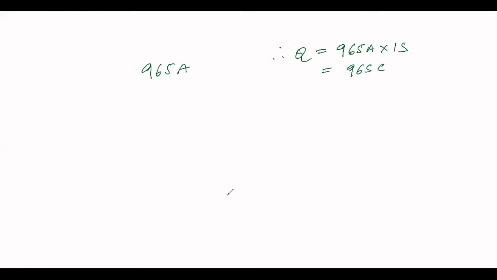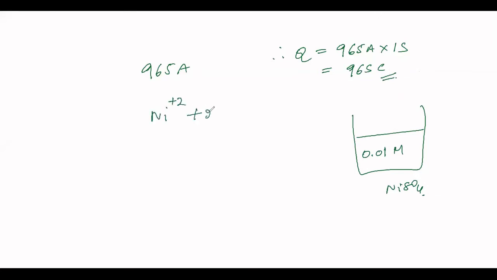Then what is the new concentration of nickel sulfate? Basically we are passing this much electricity through 0.01 molar solution of NiSO4. You are supposed to find out how much nickel is deposited by this electricity. Nickel in the +2 state, 1 mole of Ni2 plus needs 2 moles of electrons to get deposited.